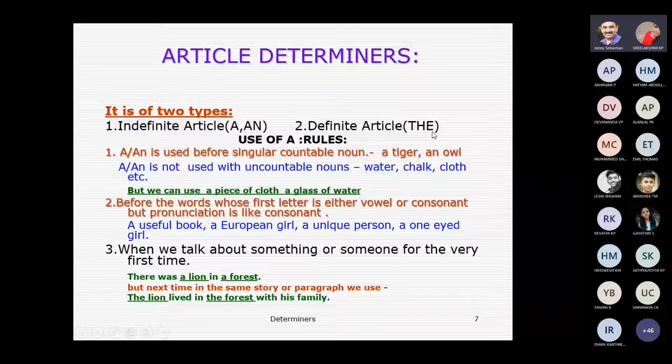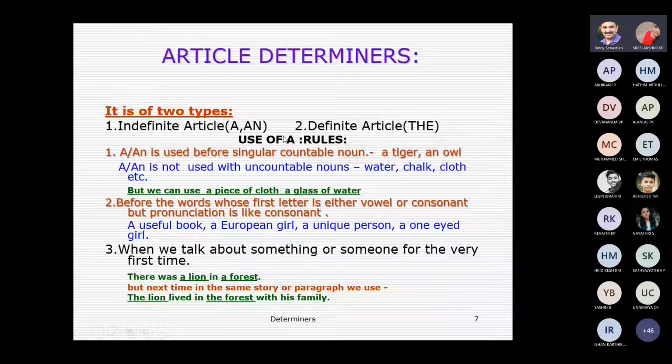The is pronounced in 2 ways. If the comes before a vowel sound, you have to pronounce it as 'thee'. If it is used before a consonant sound, we pronounce it as 'thuh'. So there are 2 pronunciations, and a total of 3 articles.